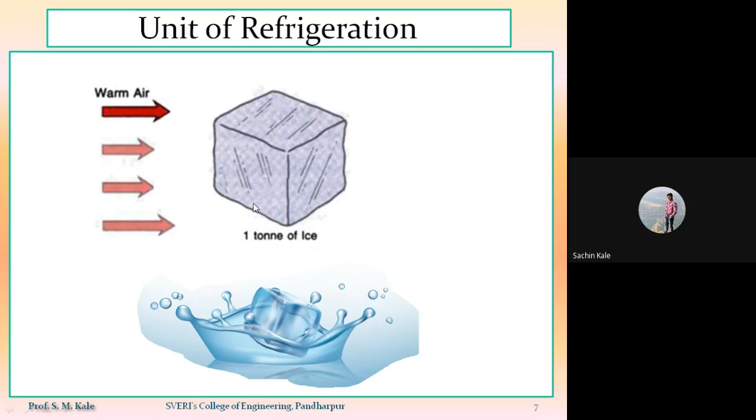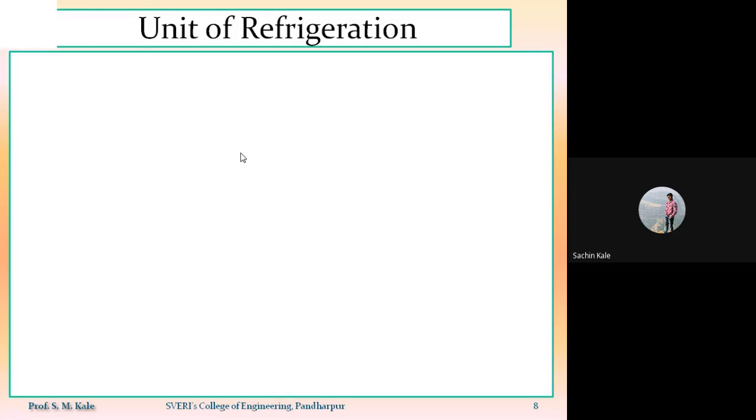That means the ice should absorb only latent heat, and the amount of heat absorbed by the 1 ton of ice for its uniform melting from 0 degree centigrade ice to 0 degree centigrade water is called a ton of refrigeration.